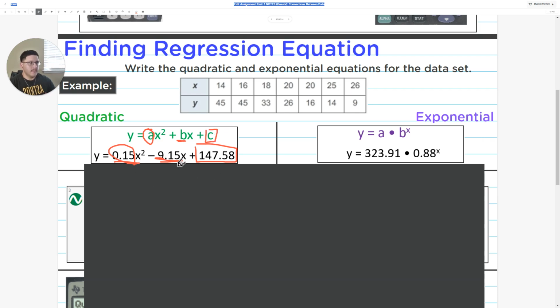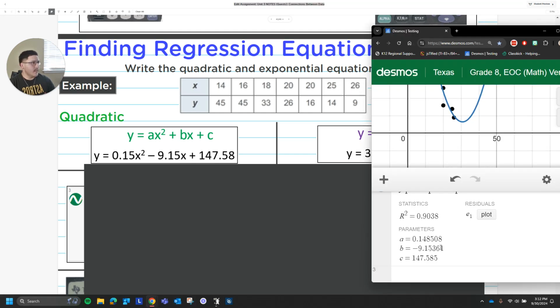And there we go. Don't forget the x values, the x squared and the x does not change, so that gets brought down. Notice how the b value had a negative, and so that plus changed into a minus. Okay, so be very careful when translating that to your equation.